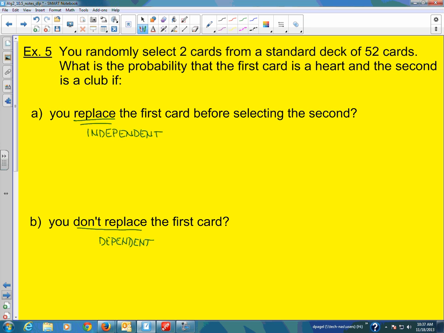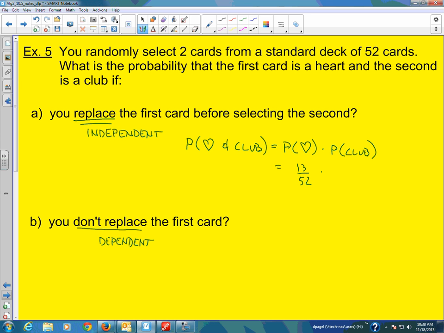All right, so we have our probability of a heart and a club. Well, that's going to be equal to the probability of drawing a heart times the probability of drawing a club. And the probability of drawing a heart, there are 13 hearts out of the 52.